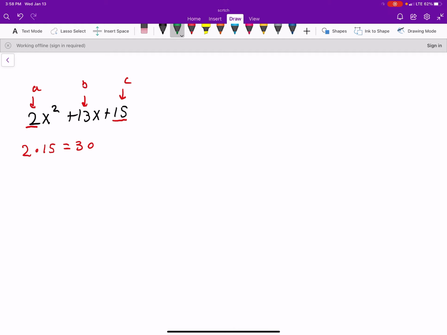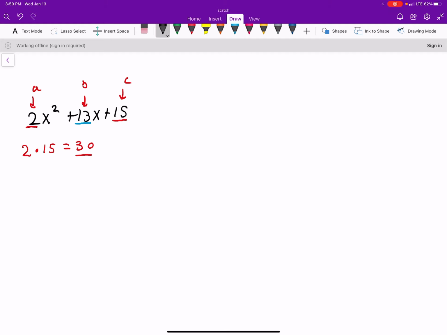Now, here's where we have to think a little bit. What two numbers multiply to give 30, but add to give me 13, my B term? Well, we could go down the list of numbers. 15 times 2 is 30, but 15 plus 2 is 17. 10 times 3 is 30, and 10 plus 3 is 13.